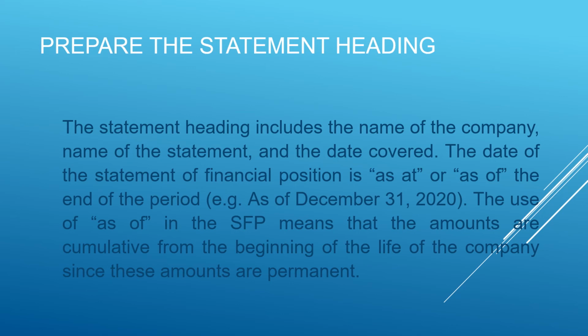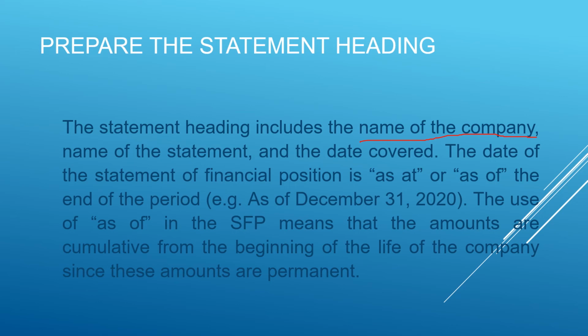So first, we will prepare the statement heading. The statement heading includes the name of the company, name of the statement, and the date covered. So as I told you earlier, there must be the name of the company.